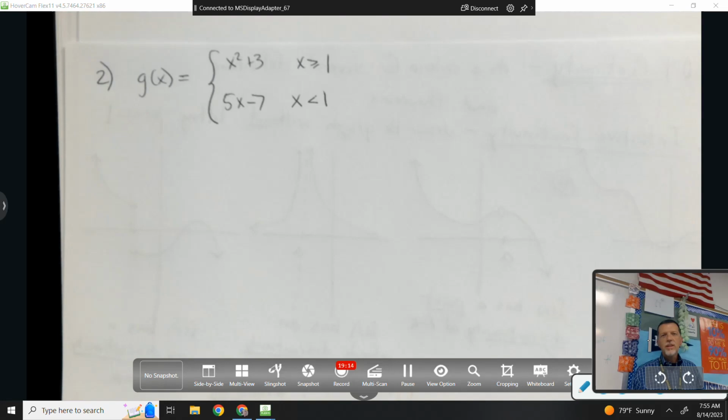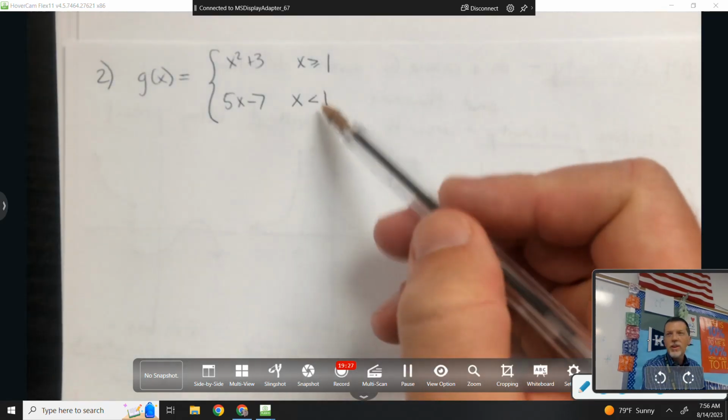So, continuous or not continuous? Any ideas on where it might not be continuous? I feel like there's only one spot where it might not work. 1. Yeah, at 1, there might be a jump going on here.